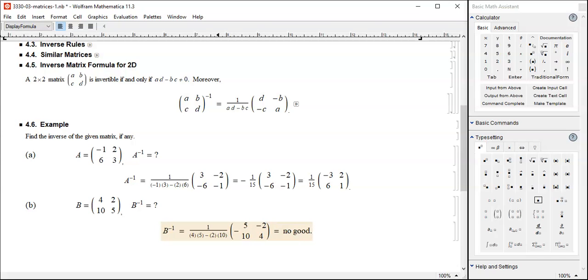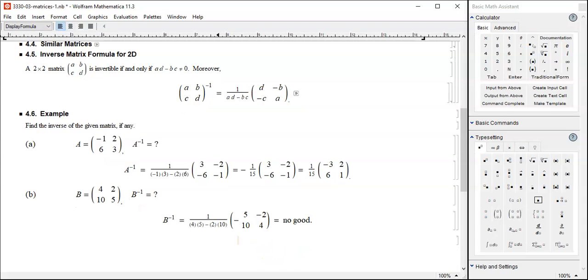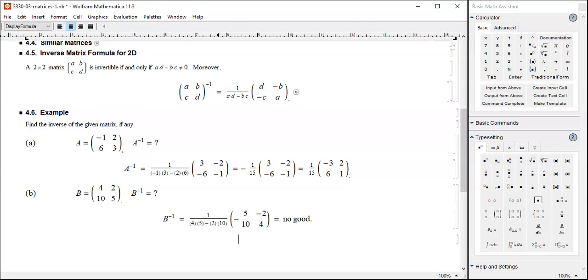As a matter of fact, the answer is undefined. Let me write it like this: B is not invertible. That's the answer.